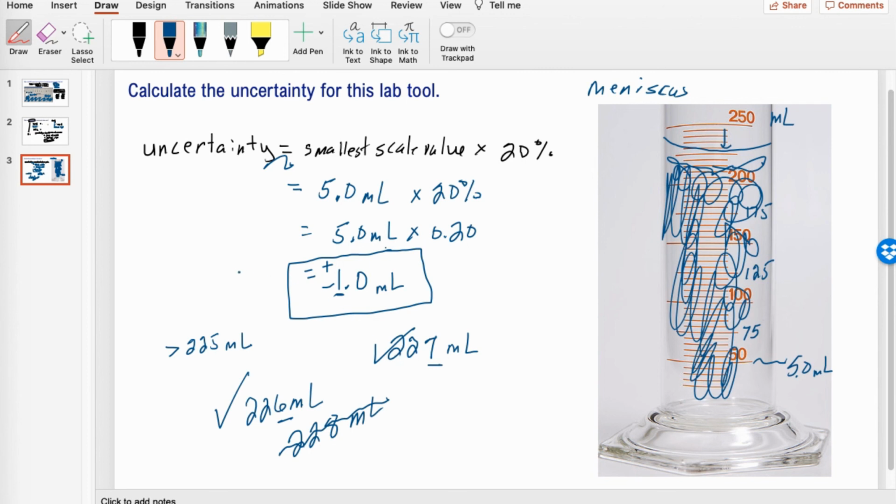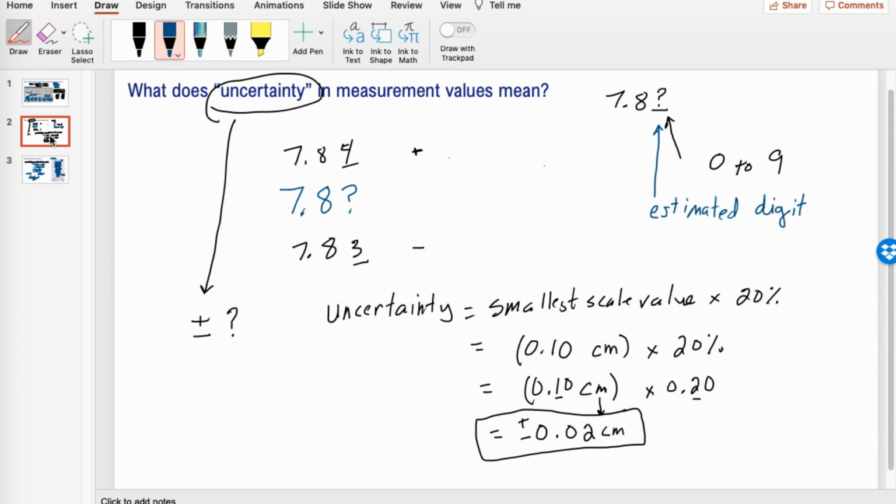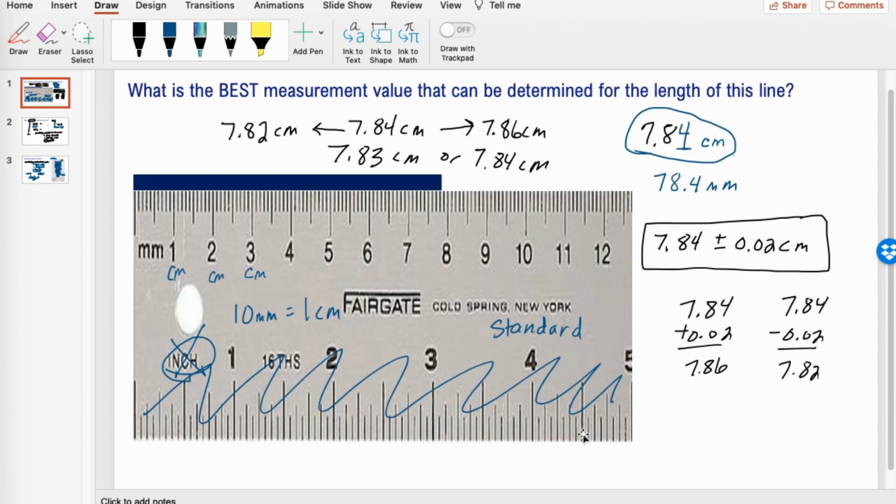Let's go back up here. Let's take a look at this. Notice right here, 0.02. That place right there, that's our 100th place, right? And notice that our estimated digit was right there in the 100th place as well.